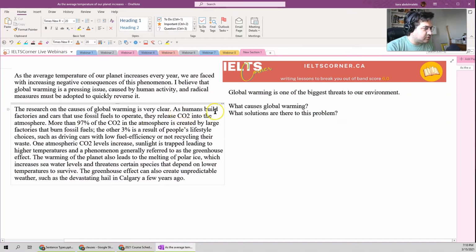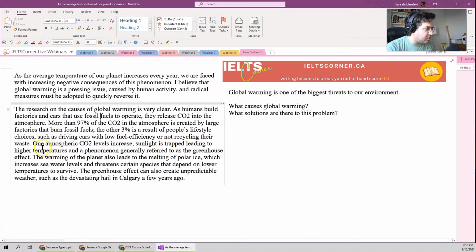Now, as humans build factories and cars that use fossil fuels to operate, they release CO2 into the atmosphere. More than 97% of the CO2 in the atmosphere is created by large factories that burn fossil fuels; the other 3% is a result of people's lifestyle choices, such as driving cars with low fuel efficiency or not recycling their waste.